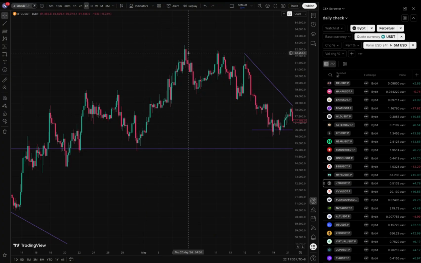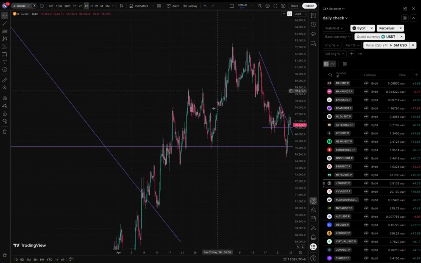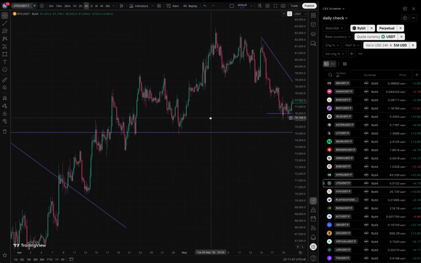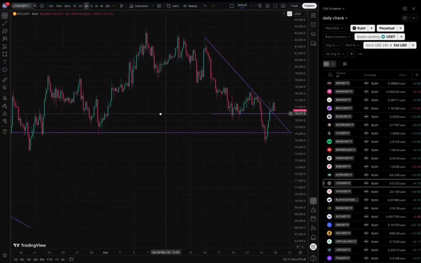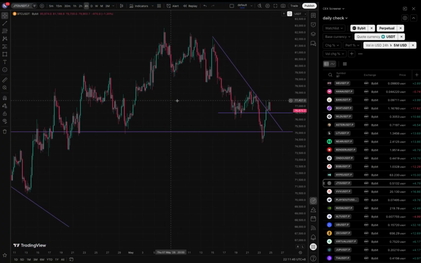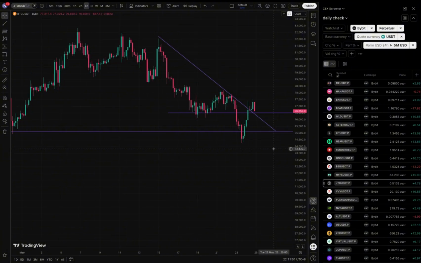I thought it's going to go down, but no, it went up. 82. Now it's squiggling around. Hunting for a way to go. I think BTC is going to go up. Just needs a couple of closes here. 1 and 2. And you're going to see this thing fly again.